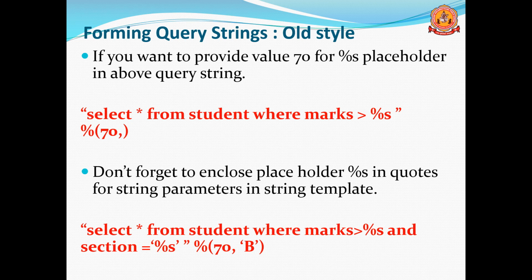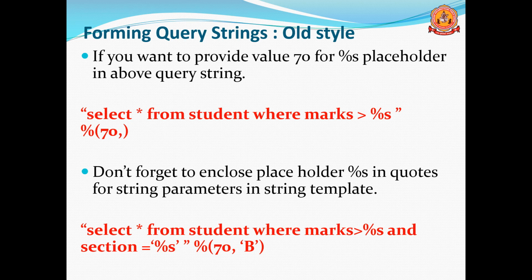Don't forget to enclose the placeholder %s in quotes for a string parameter in a string template. Remember, in a string template, whenever you want to provide string parameters, we should use a single quote.